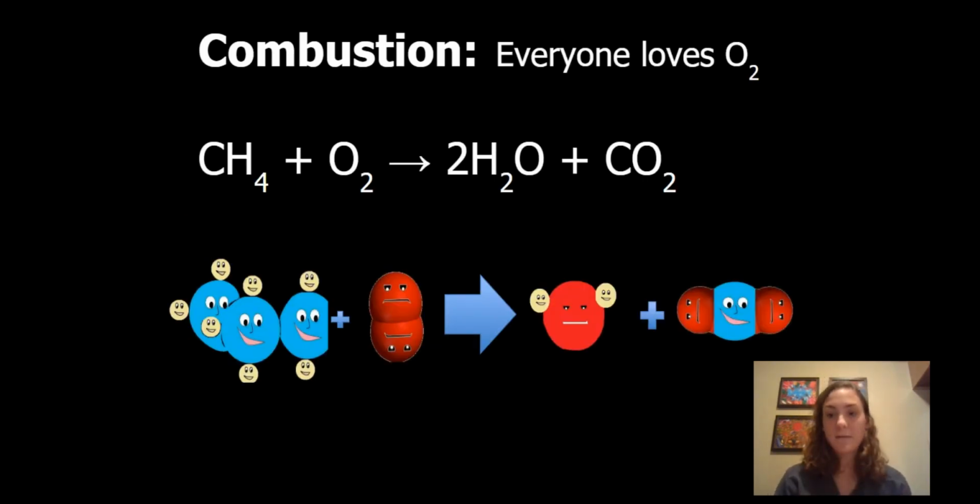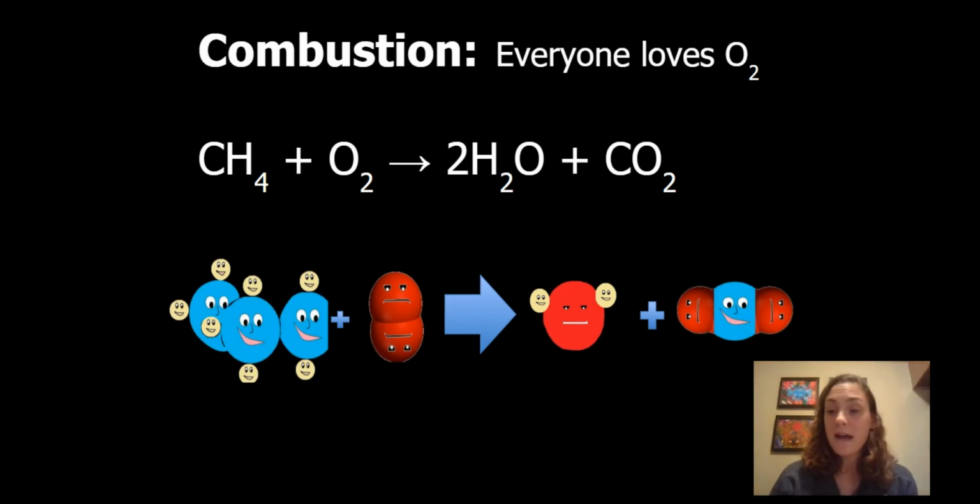So here's a little bit more information. So you've got your hydrocarbon. That's the very first picture on the left. The little yellow circles are the hydrogen, and the blue would be the carbon. So that's a hydrocarbon because you have hydrogen and carbon bound together as one compound, plus oxygen gas. And every single combustion reaction is always going to have the same reactants and the same products, at least for this class.